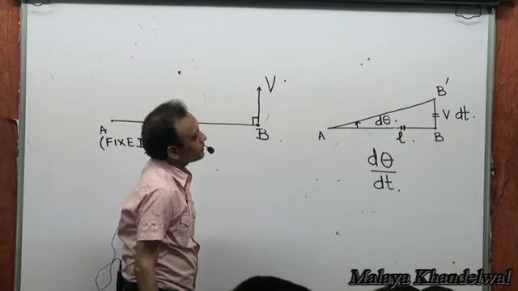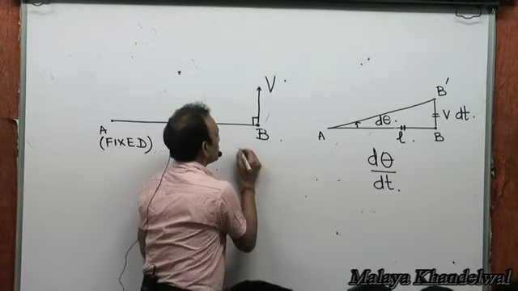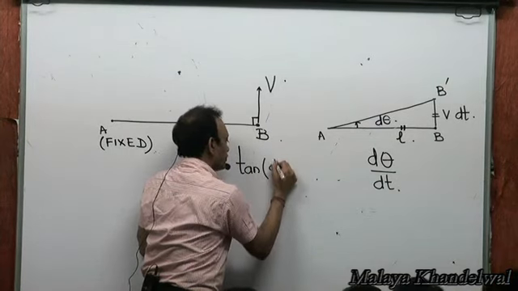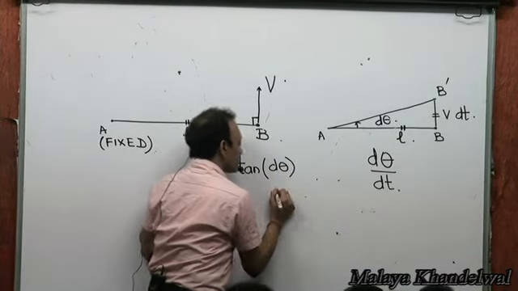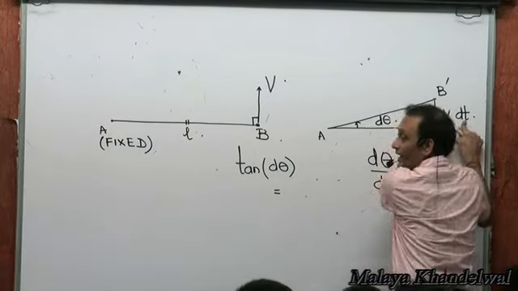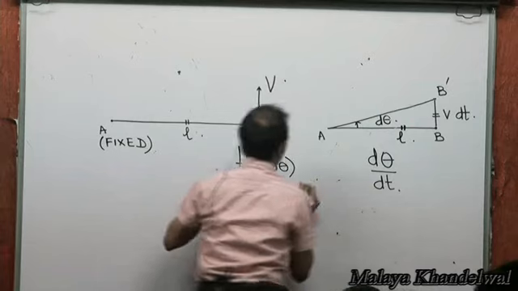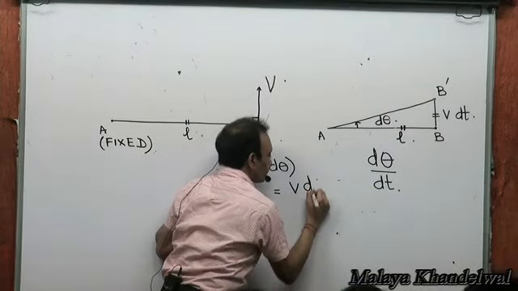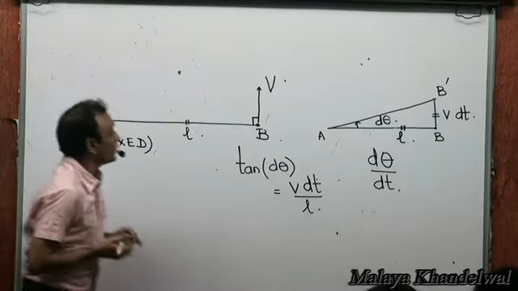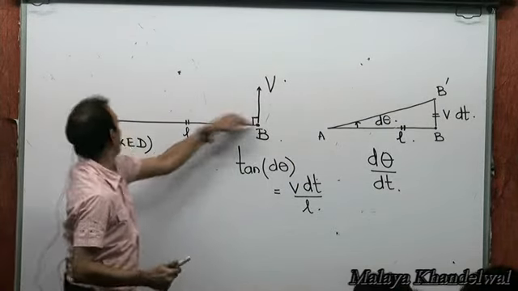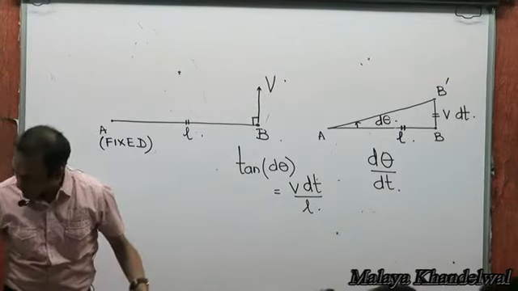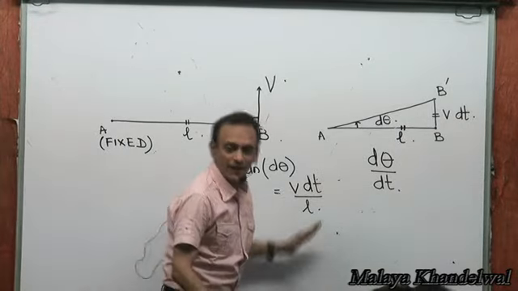Now, tan of d theta is how much? What is tan of d theta? V dt by L, where V is the velocity of B perpendicular to AB, right, is V dt by L.